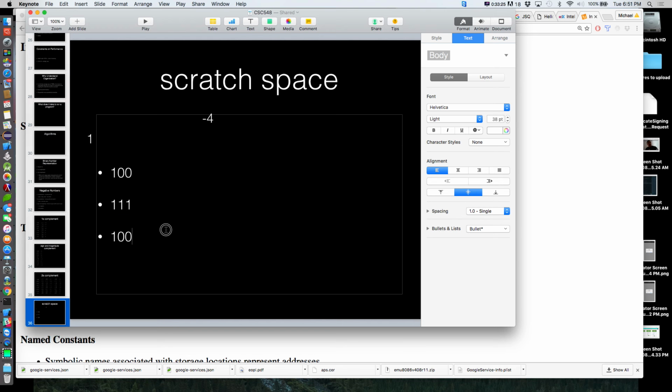So things that are 8 bits, -128 to +127, 16 bits, -32,768 to +32,767. The difference? 32 bits is -2 billion and so on, to +2 billion and so on.